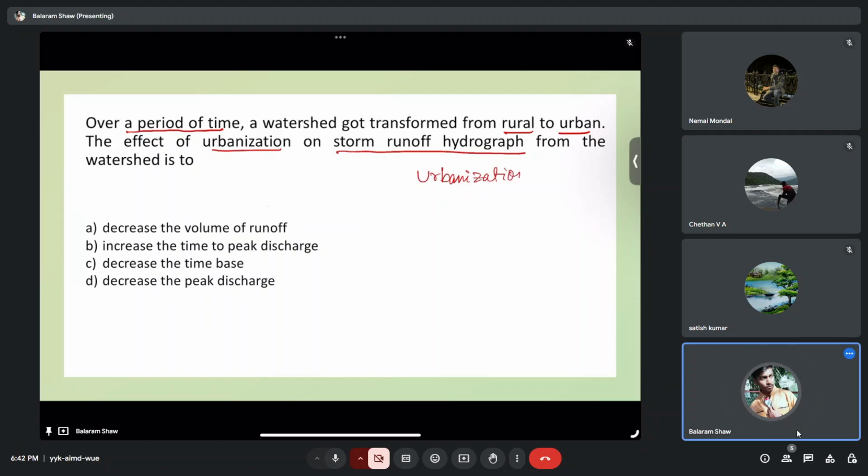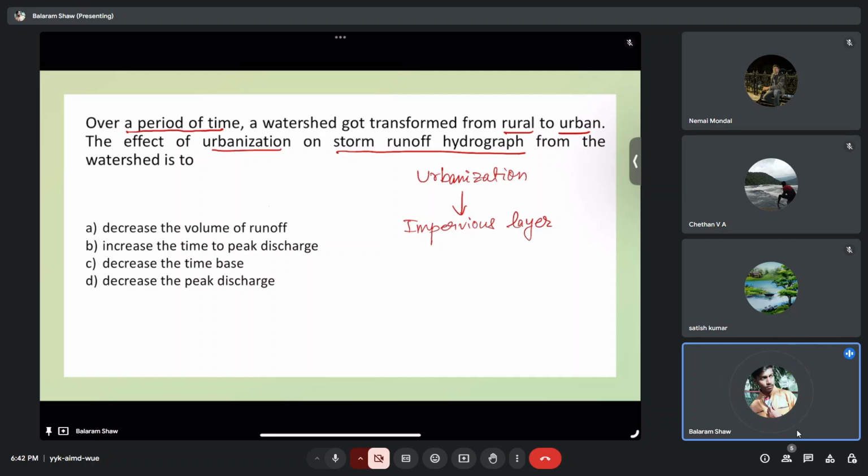Urbanization will lead to more impervious layer, right? And this impervious layer means whatever rainfall is happening will not infiltrate. Mostly the water that is coming will flow as runoff.